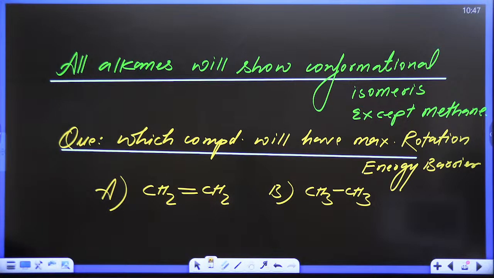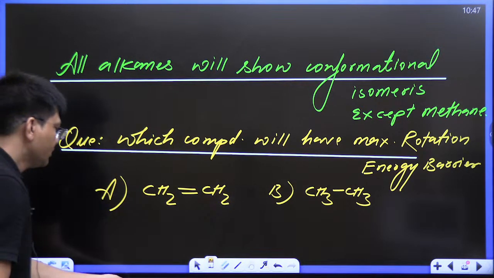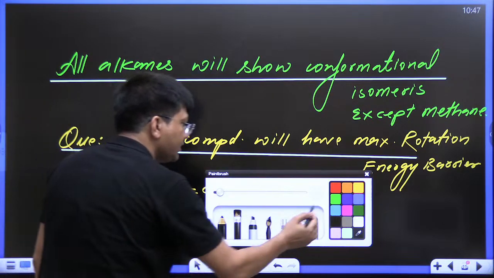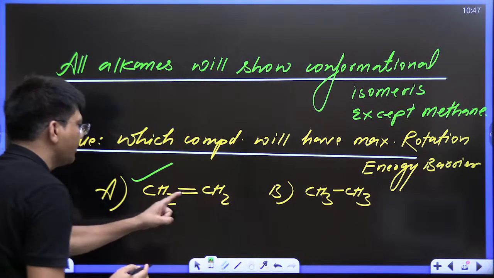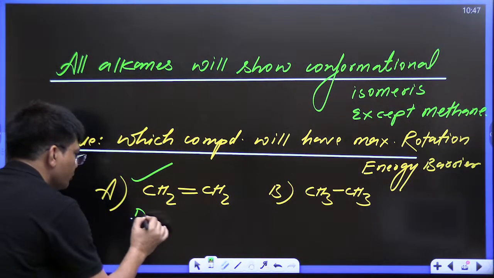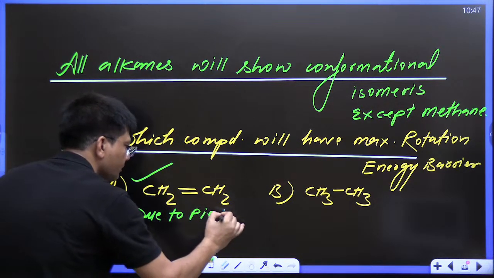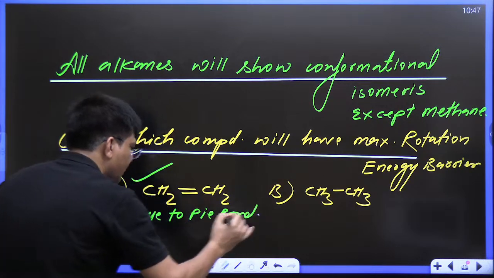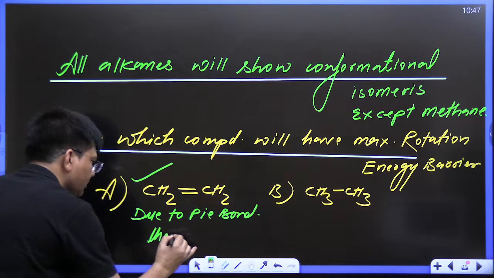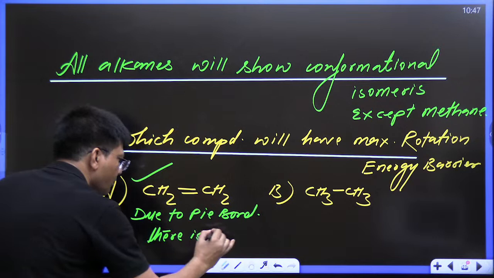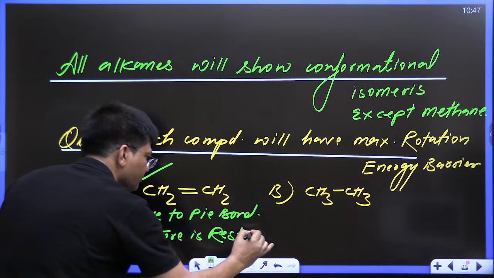You are rocking. So this is your answer. Why is this the answer? Because of the double bond, due to the pi bond, there is restricted rotation.